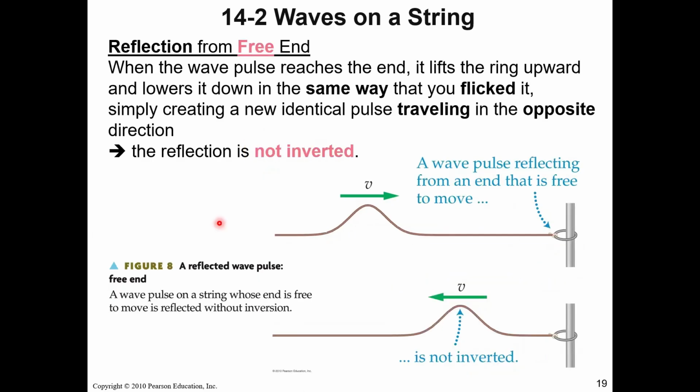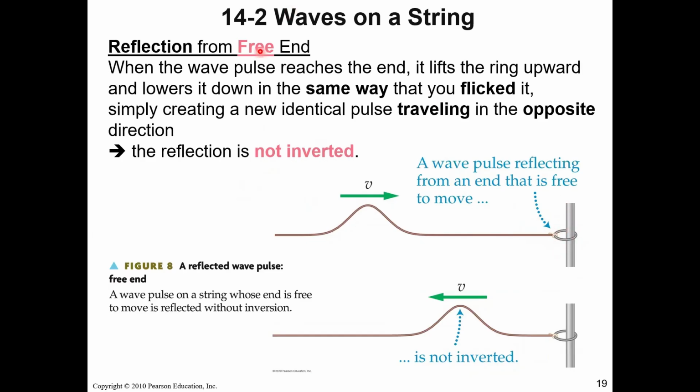Now there is a different case, in which there is no fixed end. We put the string on a ring, and this ring can freely move up and down on a rod. So in this case, we have a free end.